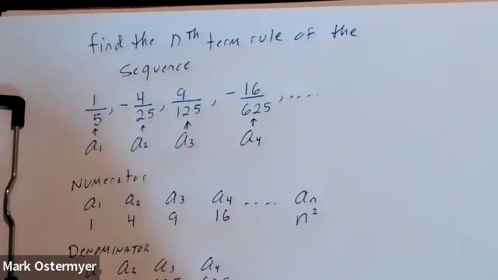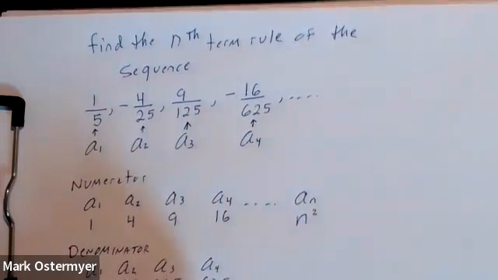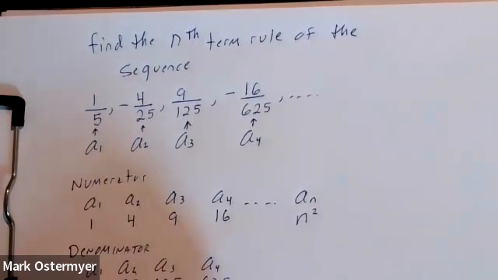Another way you can more readily see a pattern here is if you factor 5 out of each of these denominators. Here you can see you have 5 to the first power, 5 to the second power, 5 to the third power, and 5 to the fourth power.